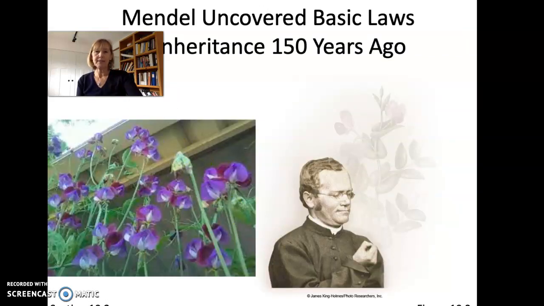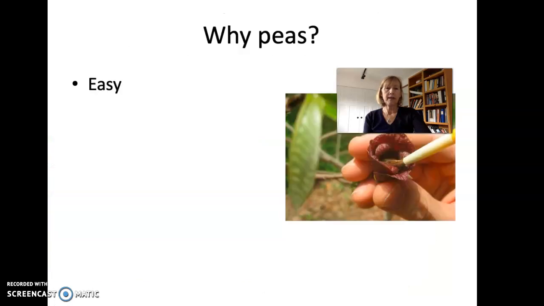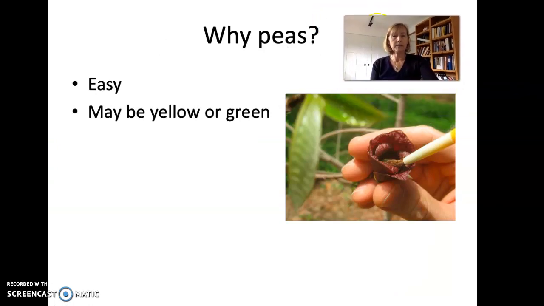When we study genetics, we always start out with Mendel, who accidentally was a priest, a father who, behind his church, planted some peas and started to look at, without realizing he was looking at genetics. This is 150 years ago, and he used peas. And why peas? Well, because it was easy.